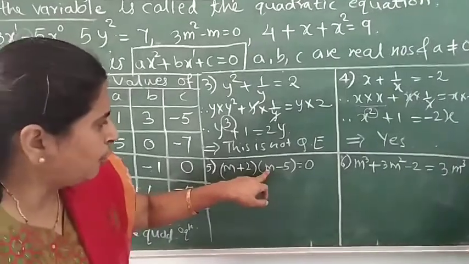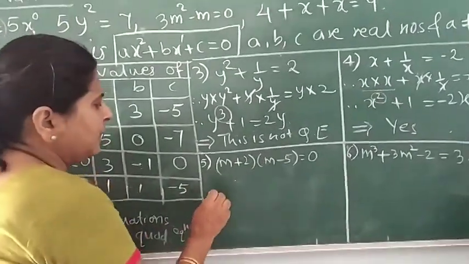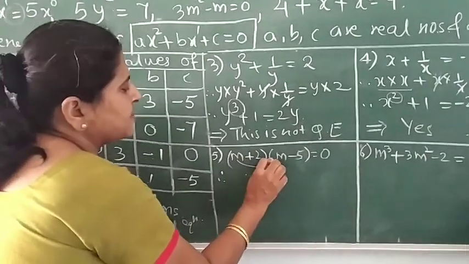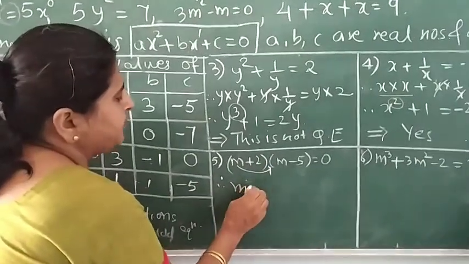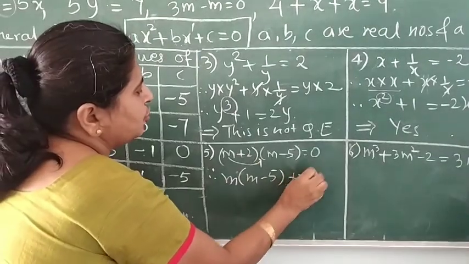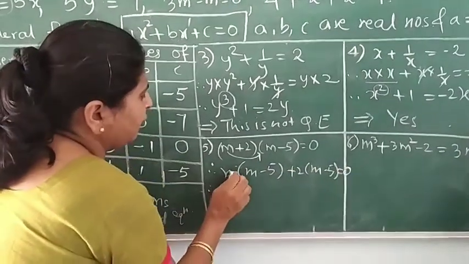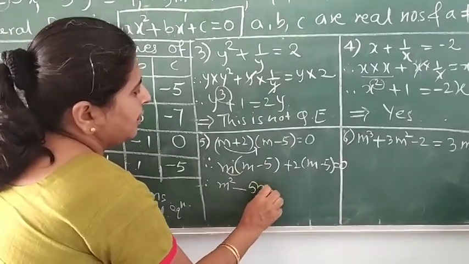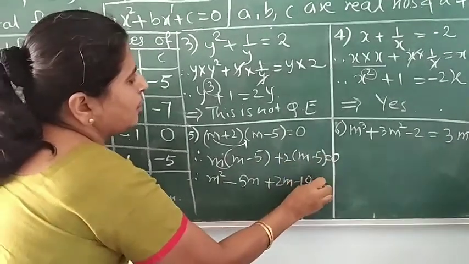Now here we have two brackets. We have to solve this and see what we get. So if we solve m with this bracket, m into m minus 5, and then plus 2 into m minus 5 is equal to 0. Therefore m into m is going to be m square minus 5m plus 2m minus 2 into 5, which is 10, is equal to 0.